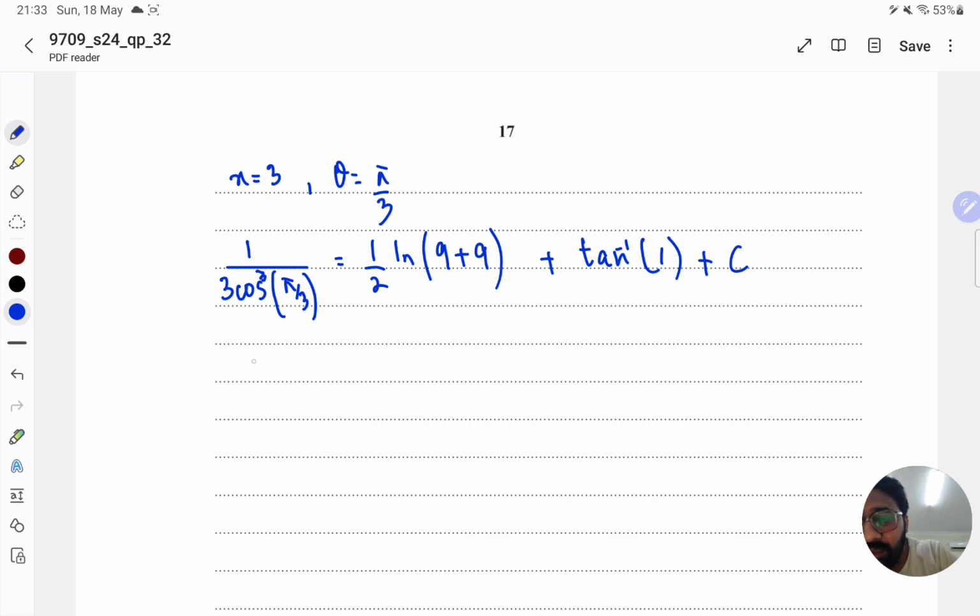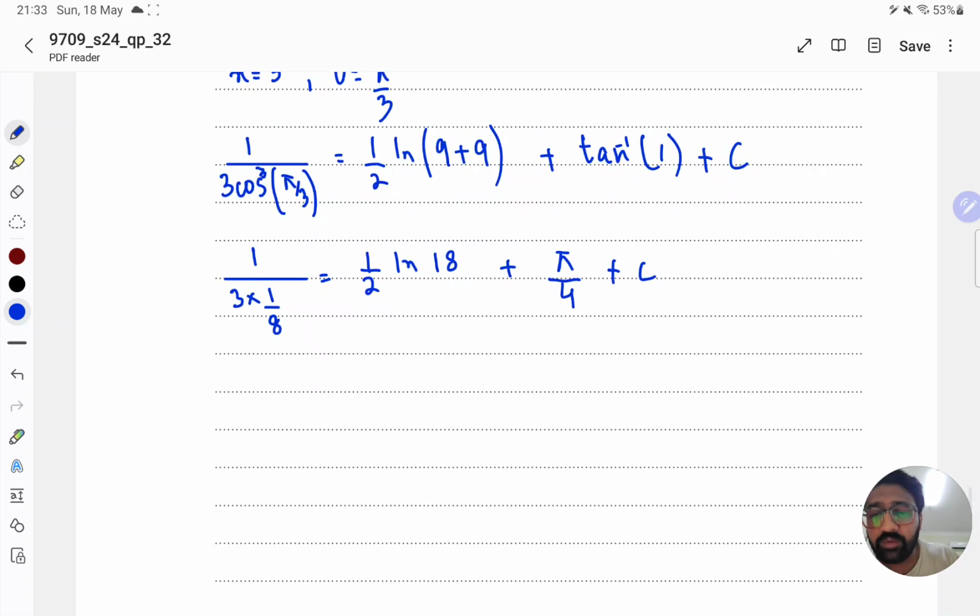So it is going to be 1 divided by 3 into 1 by 8 equals 1 by 2 ln of 18 plus tan inverse of 1, which is pi by 4, plus c. Let me simplify further from here first.